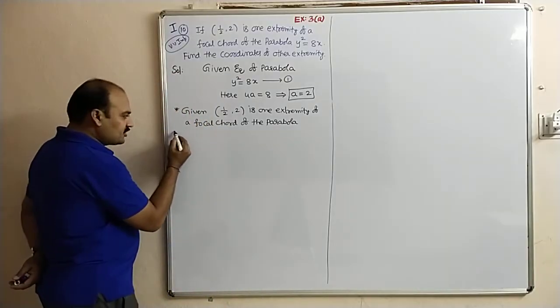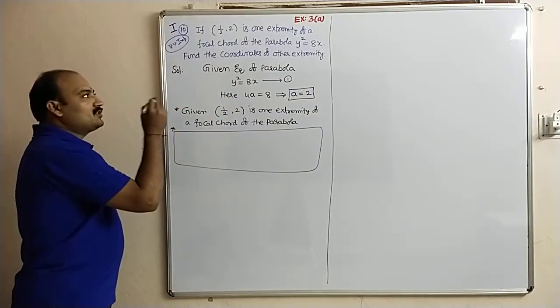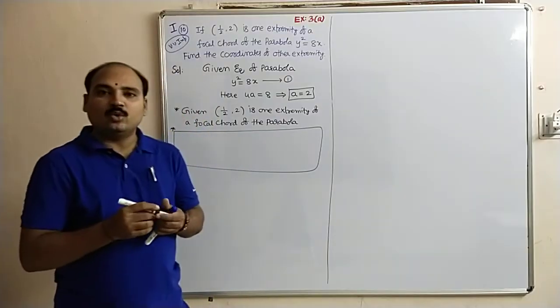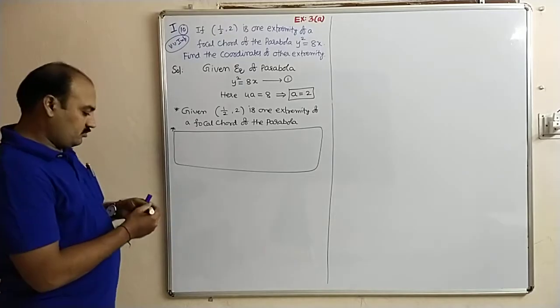So here we have one standard result. You have to remember this. In the coming videos, I will do this question in 3 methods. That separate video I will make further.